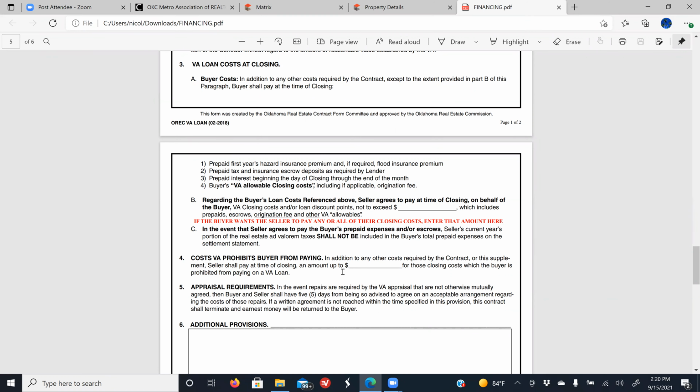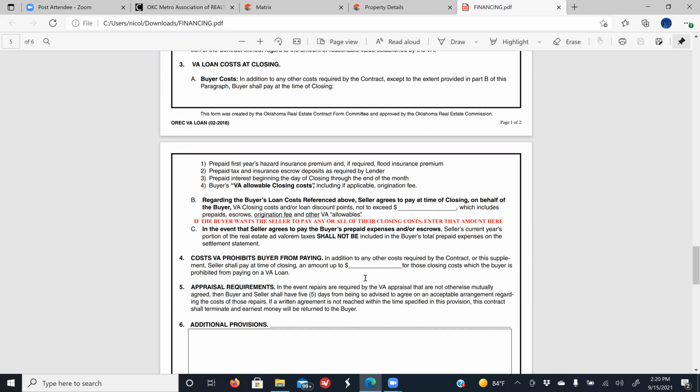Again, we'll go back to the lender, ask the lender if they have any unallowable closing costs, and that would go into section 4 of the VA prohibited buyer costs. And you would ask the lender if they have any unallowable VA closing costs, and if they do, you would put that amount there because that must be paid for by the seller.